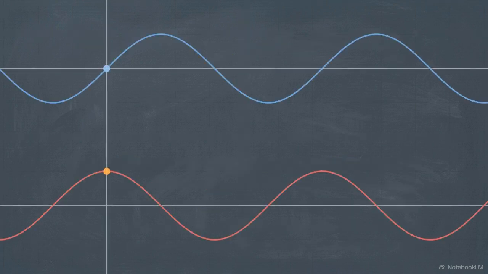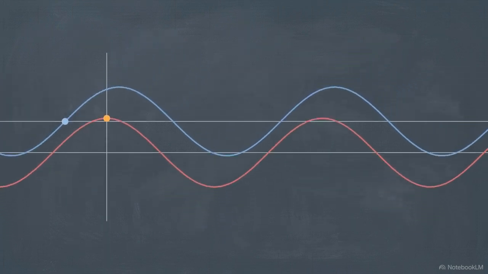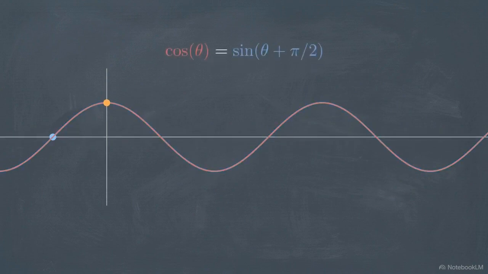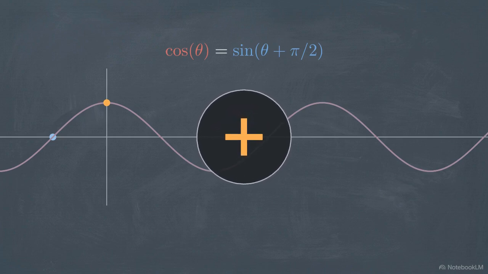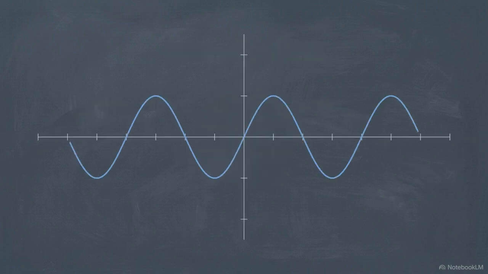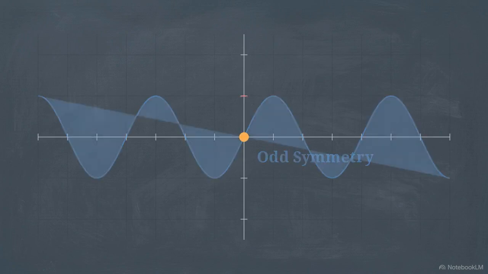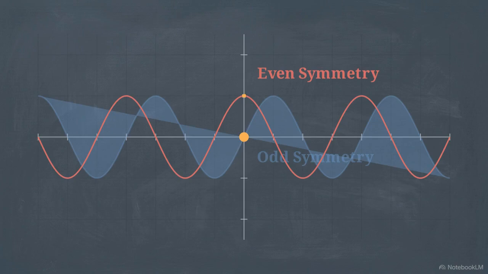This presents a logical tension. If sine and cosine are just shifted versions of the same shape, why does the analysis require both of them to reconstruct a signal? The requirement stems from structural superposition. Sine functions capture odd mathematical symmetries, crossing perfectly through the origin. Cosine functions capture even mathematical symmetries, starting at their maximum peaks.